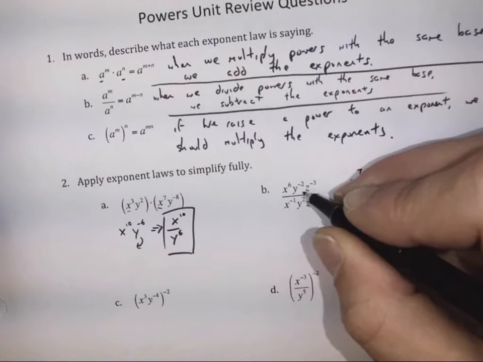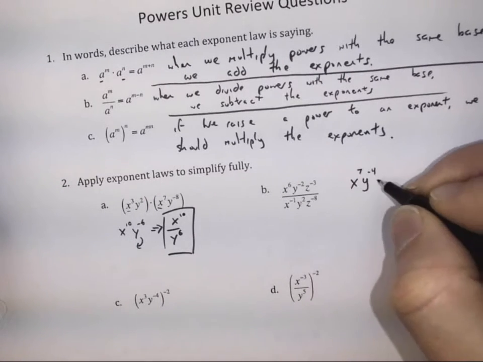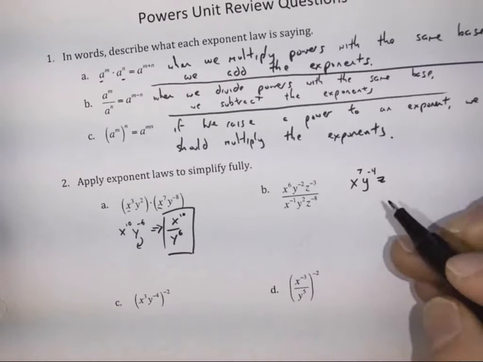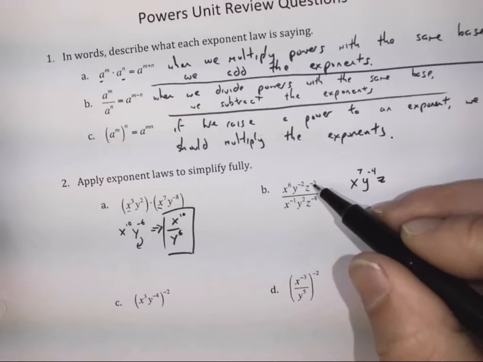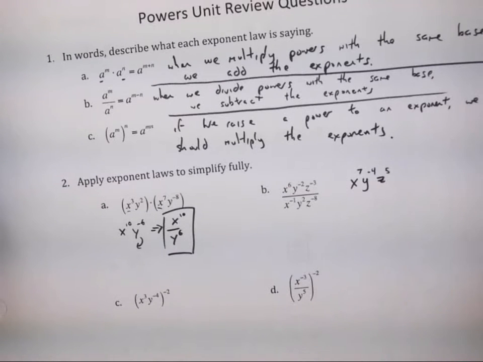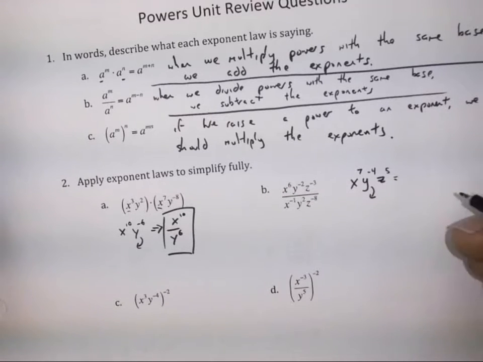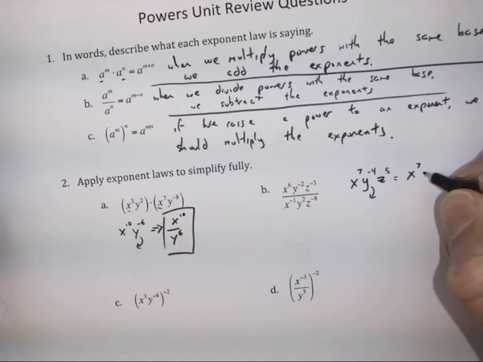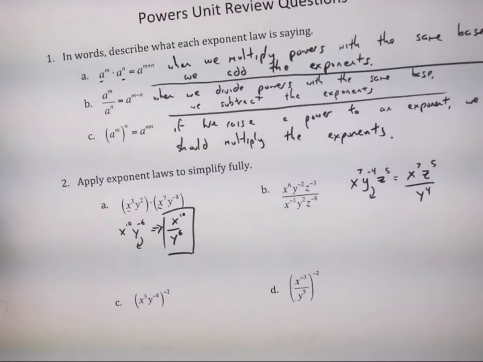Y is going to be to the power of negative 2 take away 2, or negative 4. And z, I'm going to cross my z so it doesn't look like a 2, it's going to be negative 3 take away negative 8, which means negative 3 plus 8, which means z to the power of 5. And I've got to take my negatives and flip them down to the bottom. It's going to be x to the 7, z to the power of 5, all over y to the power of 4.